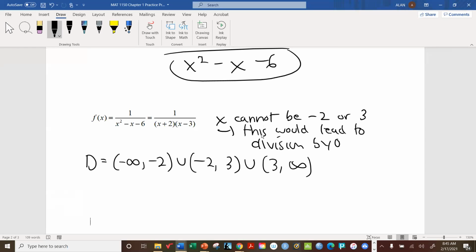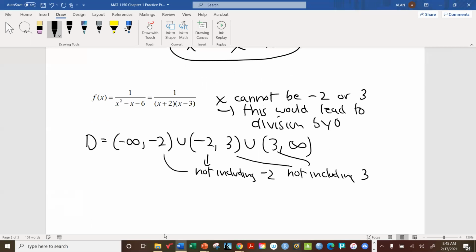The round brackets mean not including -2 and not including 3. Same thing here and here. So this is just a fancy way of saying all real numbers except -2 and 3.